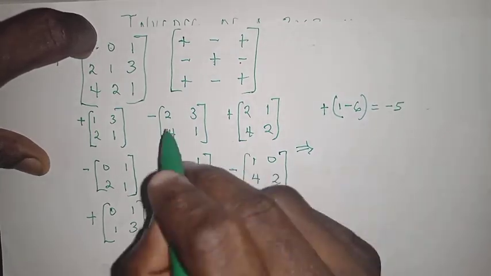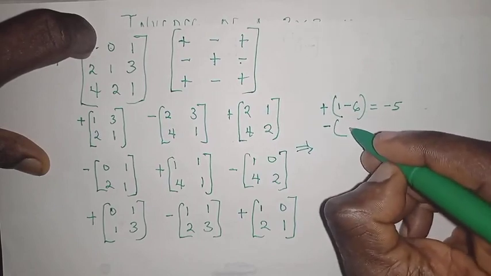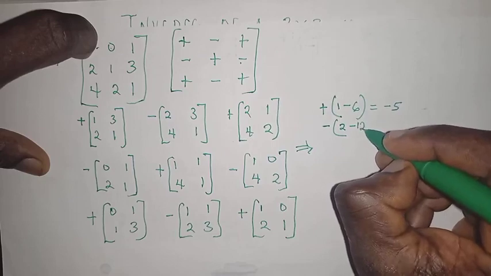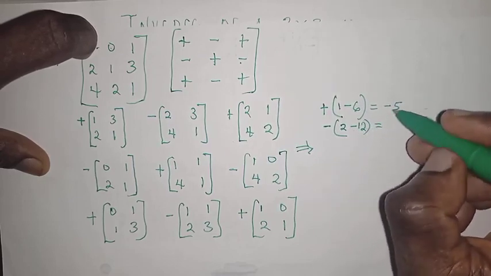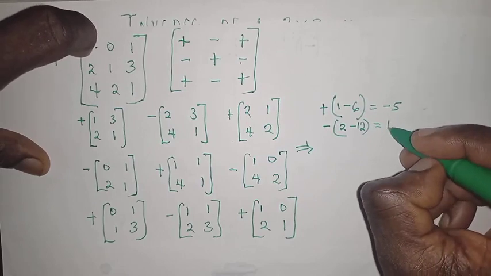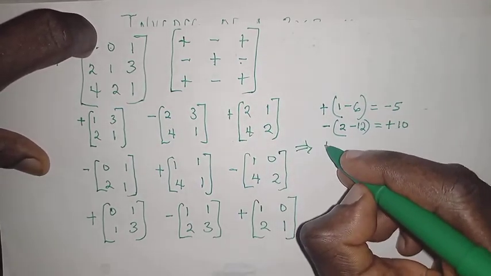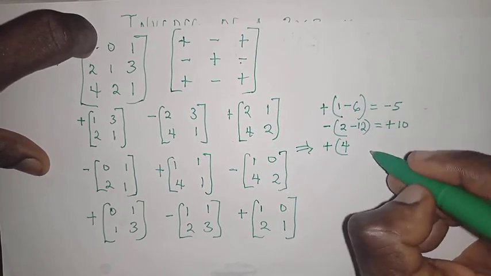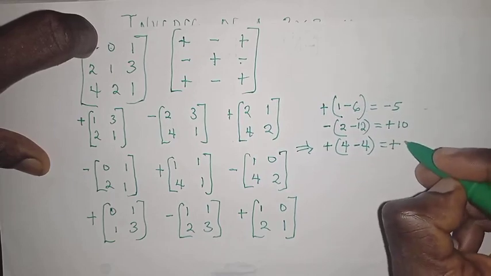So that's for the first one. Then for the next one, I am going to get 2 times 1 is 2, 4 times 3 is 12. So 2 minus 12 is minus 10. Minus times minus is plus, so that's going to give me plus 10. Well, for the next one, I'm going to get 2 times 2 is 4, 4 times 1 is 4. So this is going to give me plus 0.